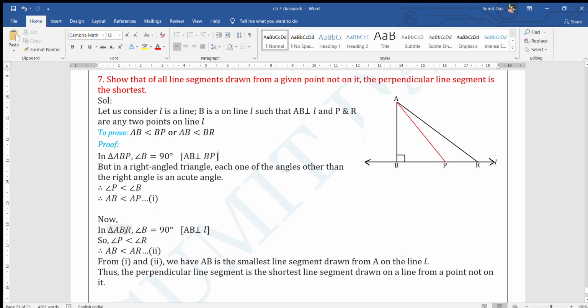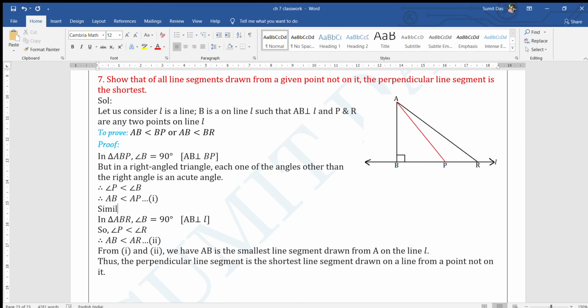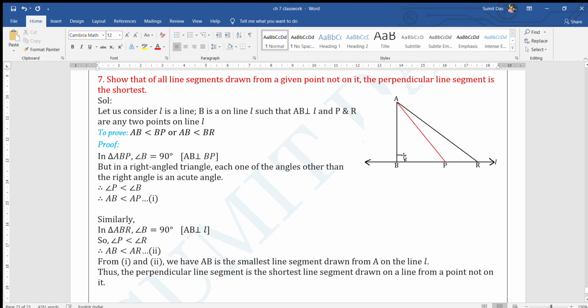Now in triangle ABR, the same thing will happen. B is 90 degrees. Similarly, in this triangle ABR, B is 90 degrees, therefore angle R will be less than angle B. So what is the opposite side of angle R?